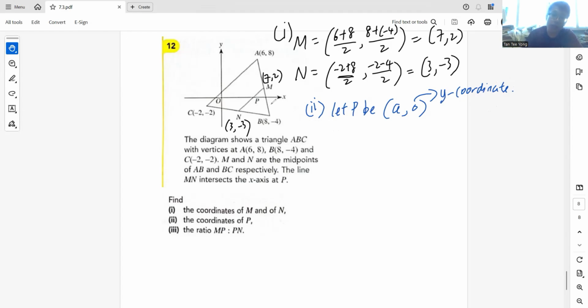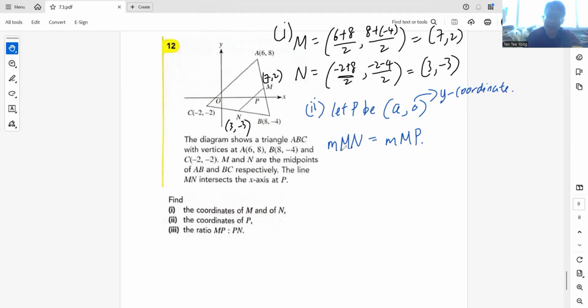Because P is also on the same line as MN, the gradient of MN equals the gradient of MP. There's another way, which is to find the equation of the line, but I feel this is way faster.